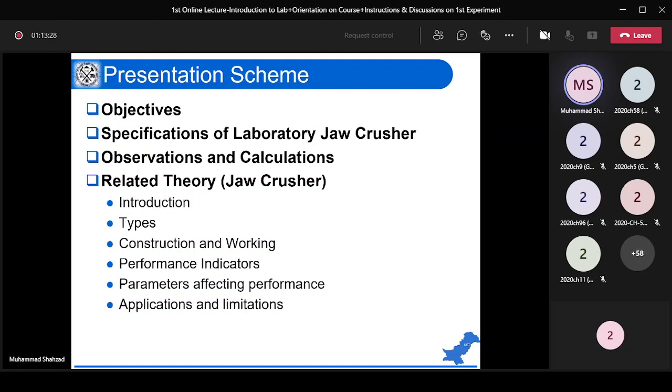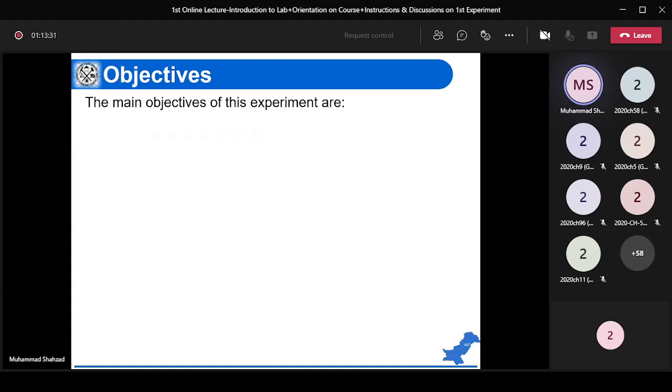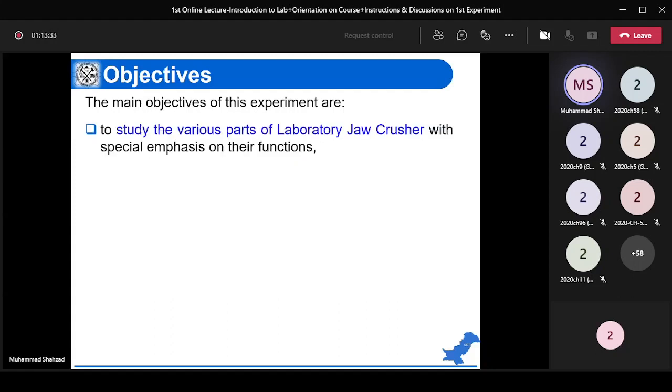The main objective of the experiment is to study the various parts of the jaw crusher, with special emphasis on their functions. It means that you should have an understanding of the functions of all the parts of the machine, so that if you need to innovate at some point of your career, you should have a deep understanding of previous machines like the jaw crusher.